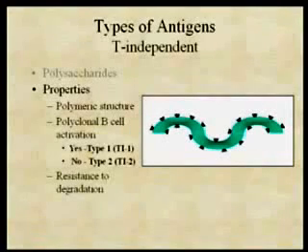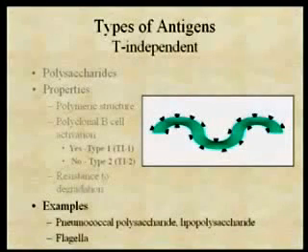These antigens fall into two types, those that are polyclonal B cell activators and those that are not. The TI1 antigens are polyclonal B cell activators, and the TI2 antigens are not. These antigens are also characterized by being relatively resistant to degradation. And this is the exception when I talked about degradability. These antigens don't have to be degraded, and they can activate the B cells. As I said, we'll talk about the immune response to these antigens later.